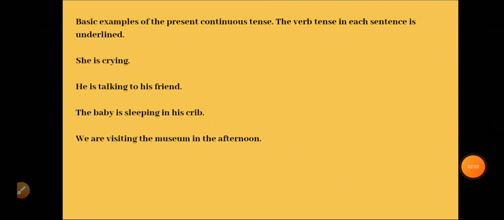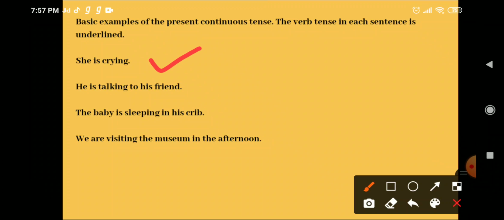now let us see some more examples of present continuous tense. She is crying. He is talking to his friend. The baby is sleeping in his crib.